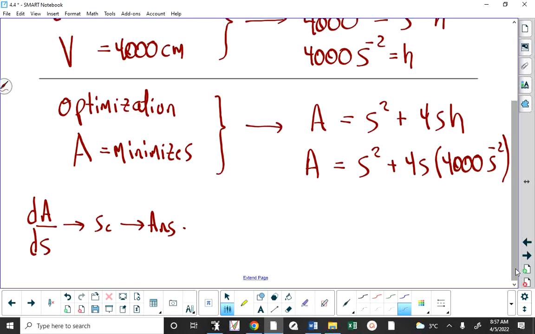But before I find dA/dS, it's a smart thing to simplify that. So when I do so, I get A equals S squared plus 4 times 4,000 is 16,000. S to the 1 times S to the negative 2 is S to the negative 1.